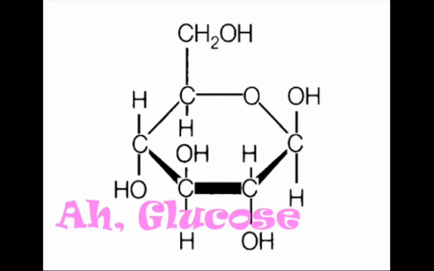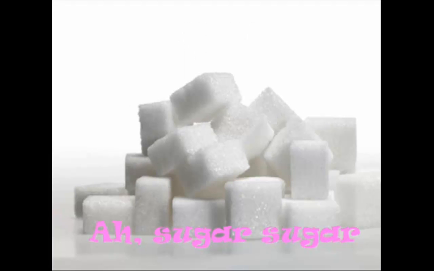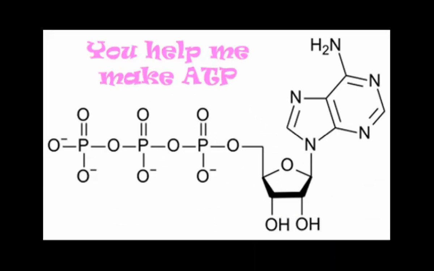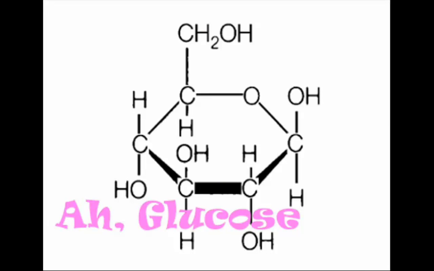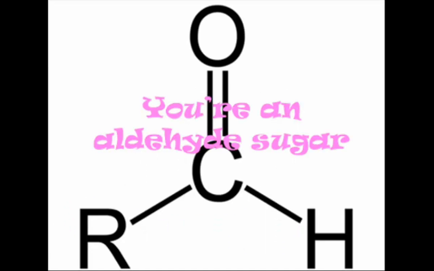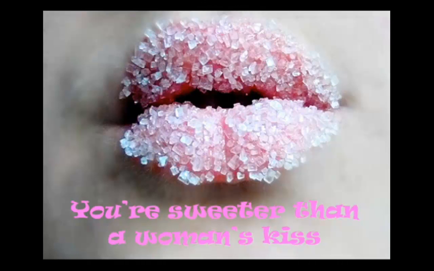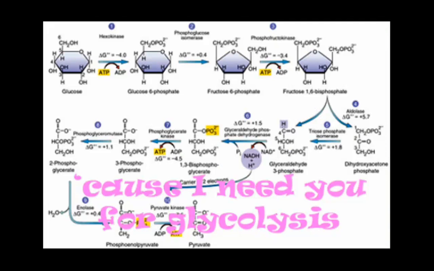Oh, sugar, you help me make ATP when my predators are chasing me. Oh, glucose, you're an aldehyde sugar, and you're sweeter than a woman's kiss, 'cause I need you for glycolysis.